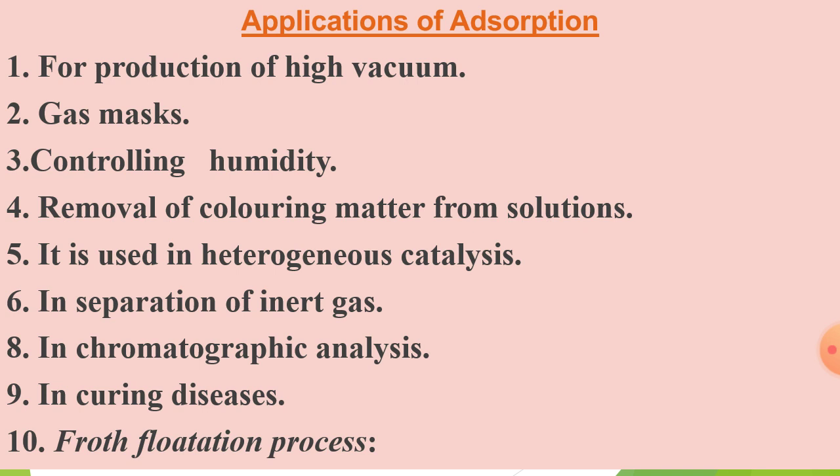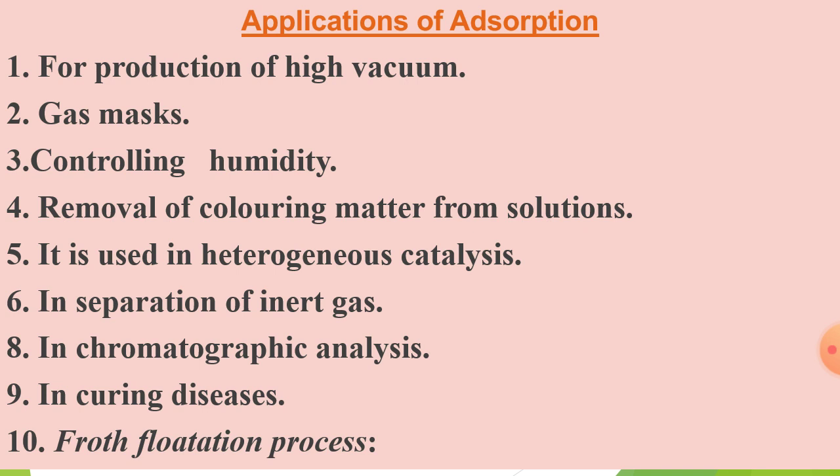So this is also an example of adsorption, silica gel, and also you can take alumina gel, that is Al2O3. These are used for controlling humidity by adsorbing the water molecules on their surface. That's why adsorption is known as a surface phenomenon.